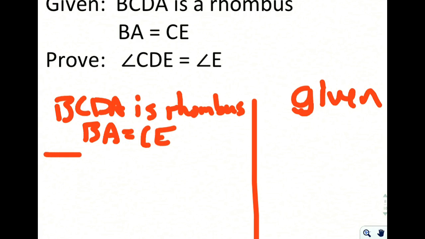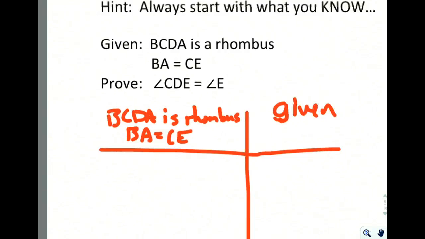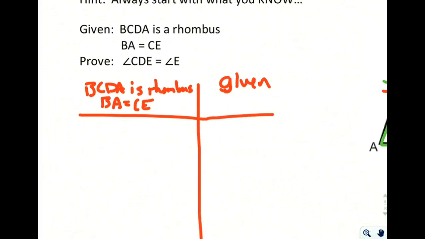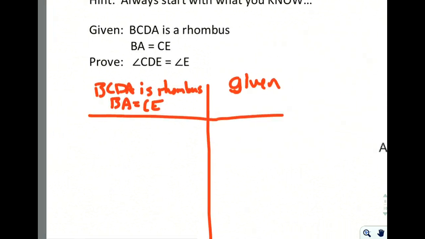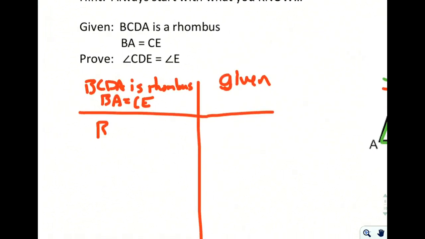So I can write all of that right away. And then my next piece of information that we are going to get right away was the two sides I marked in red, that CD is equal to BA. So BA is equal to CD, and I got that by one of the properties of a rhombus.